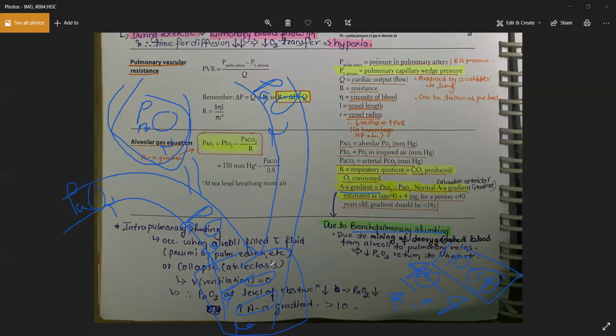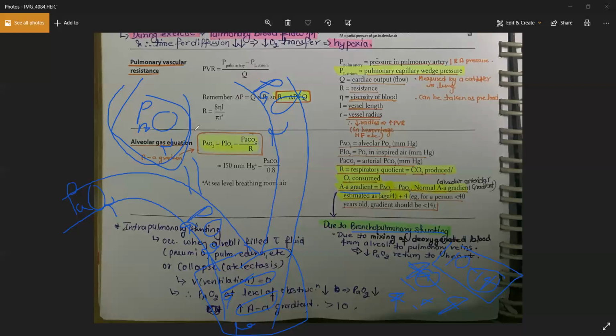Physiologic happens normally, and you will calculate it using this equation. If you estimate the gradient to be around 14 and the patient has a gradient of 16 or 17, that means the patient has a pathologic AA gradient, not a physiologic one.